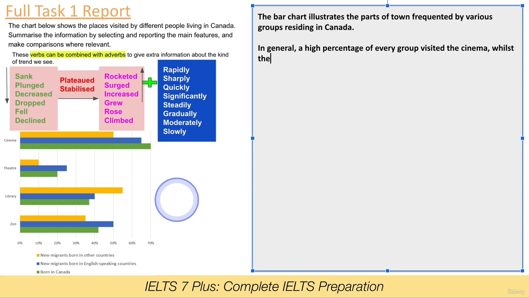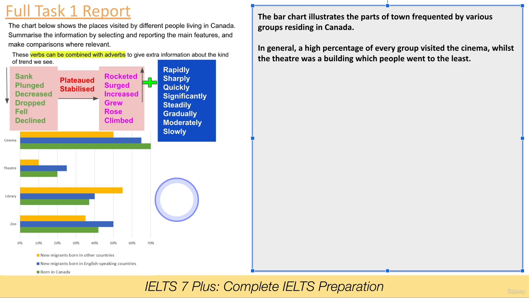A high percentage of every group visited the cinema, whilst the theatre was a building which people went to the least.